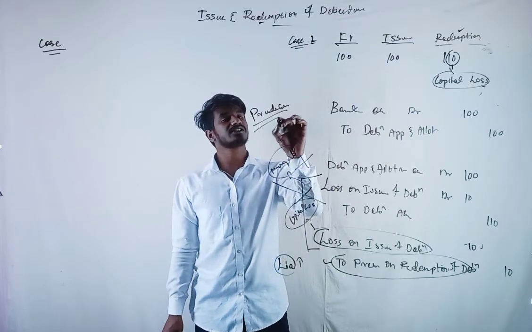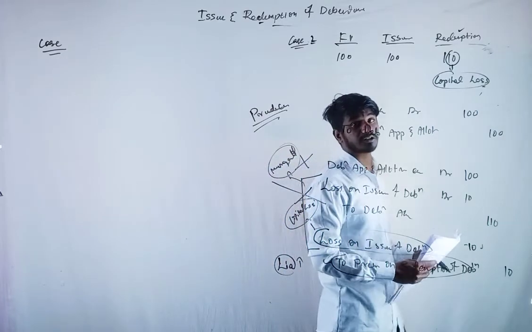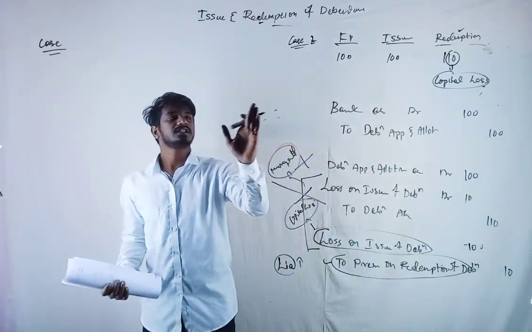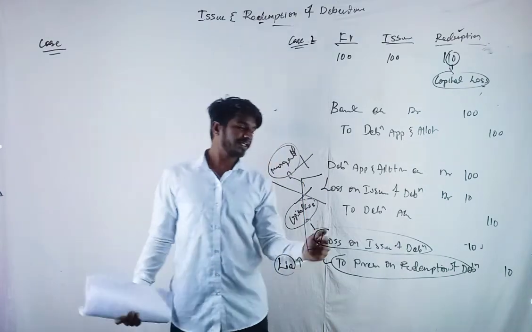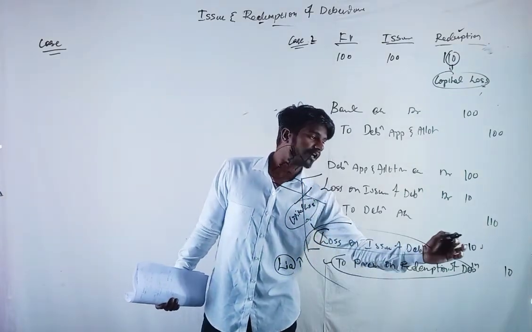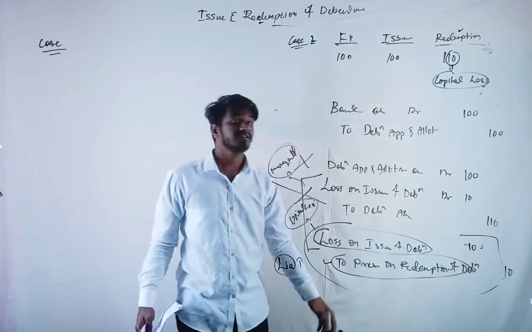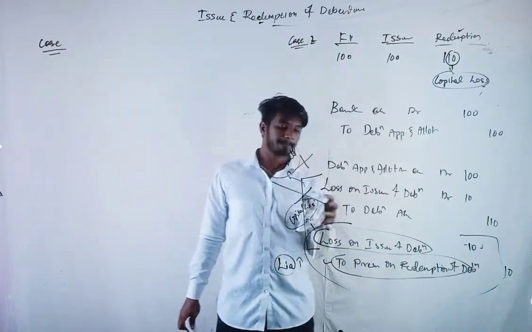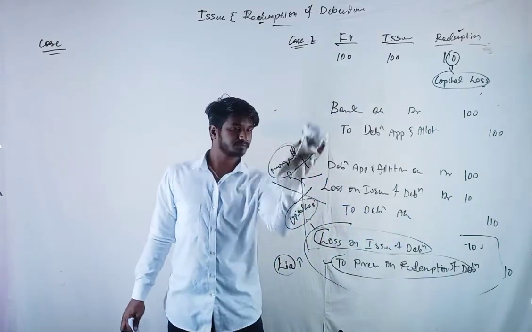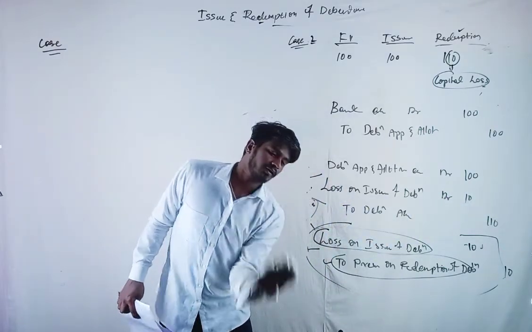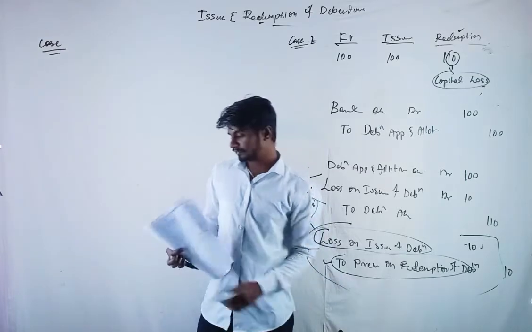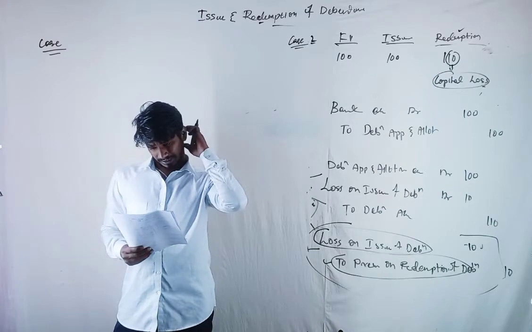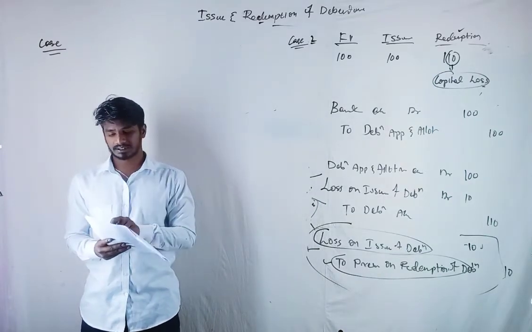Do you know the prudence concept? Anticipate the losses but don't record the future profits, right? That is why we make it a separate entry. We are anticipating the loss, so we are showing it separately. Okay, you take it down. We will discuss the merging journal in the fourth case, but now we will discuss the third case.